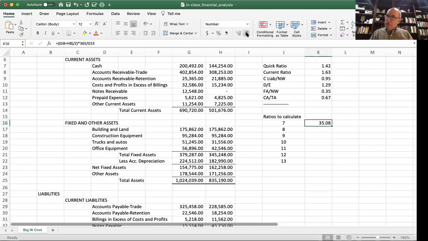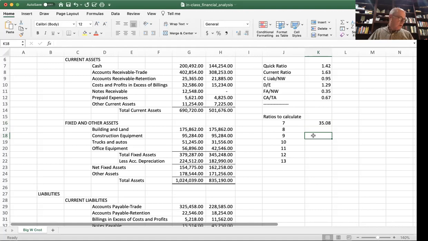And so some of these are trickier than others, right? And again, we do the average when we have a ratio that has some balance sheet numbers and some income statement numbers included in the same ratio. Now, you'll do the same thing on number 9, except you'll include retention.